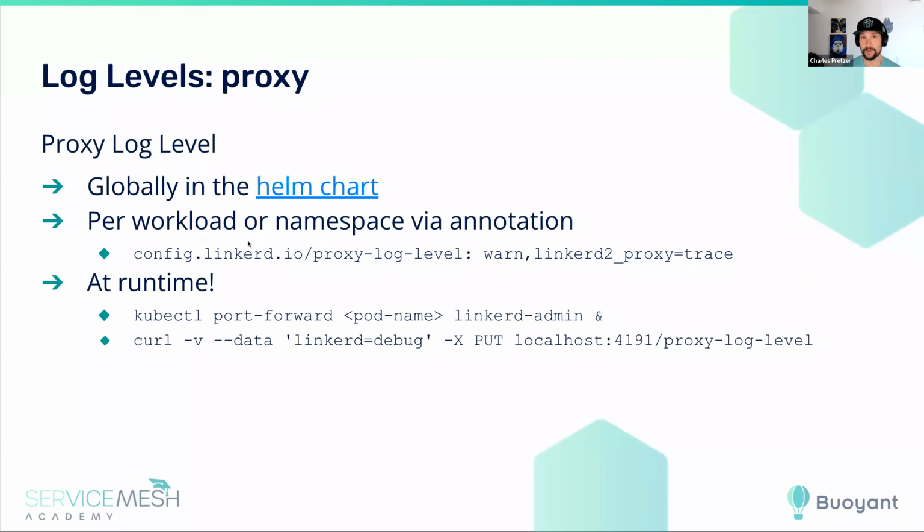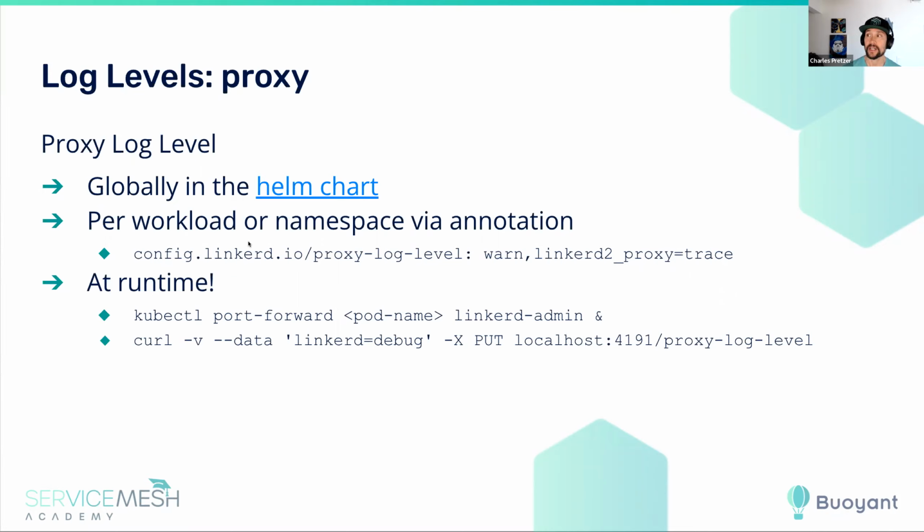The reason for this is because when you're debugging data plane components, you don't necessarily need to have all of the proxies set to a verbose log level like trace or debug. You really are looking at one workload and the replicas within that. And so for that, we can use a per-workload or per-namespace annotation, config.linkerd.io/proxy-log-level.